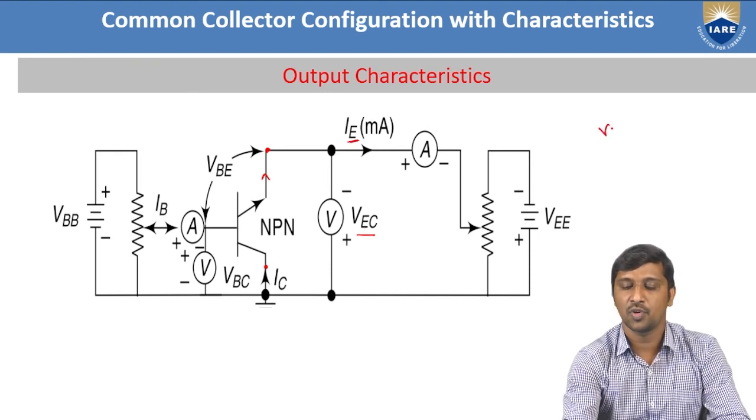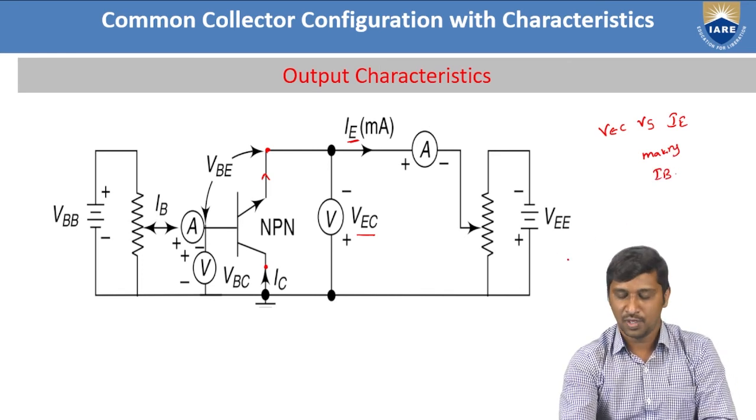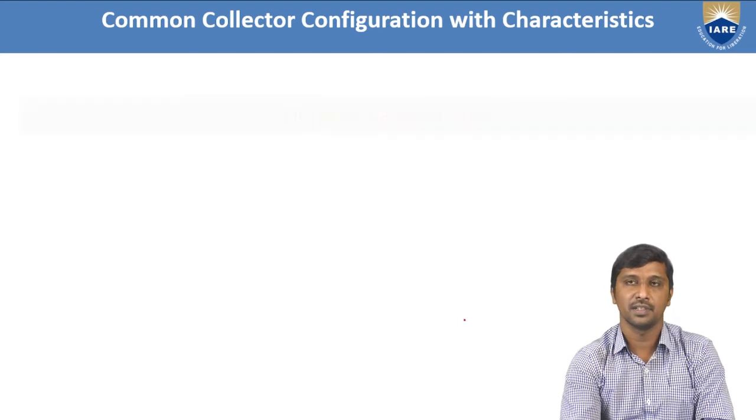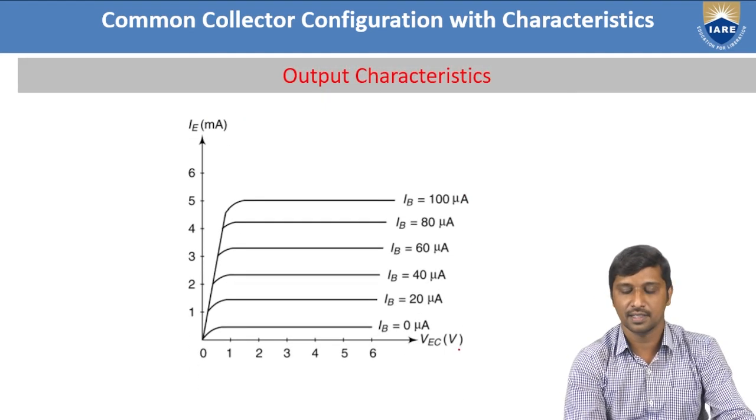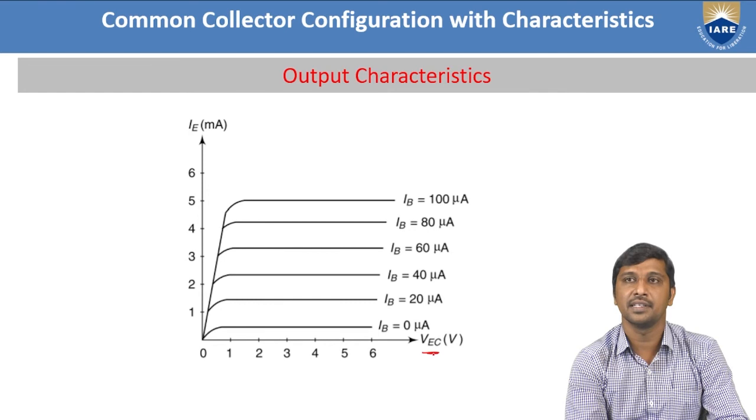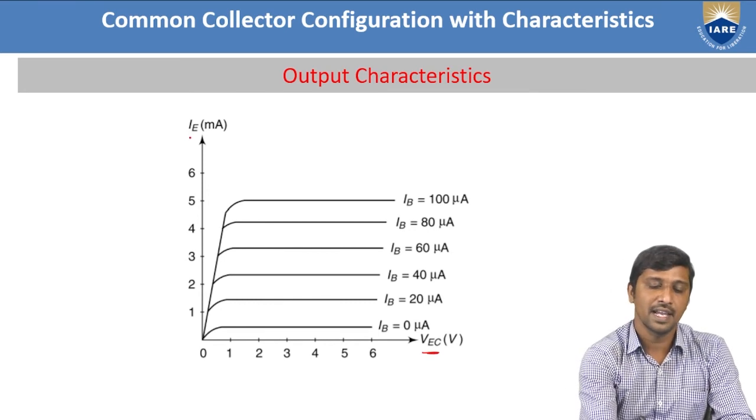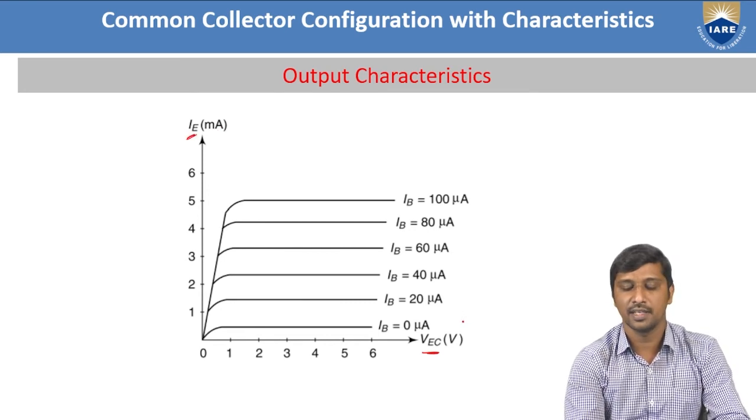Hence, we need to plot the curve between VEC versus IE by keeping the input current constant. The input current means your IB. So with respect to this, here I plot the output characteristics. The X-axis is VEC and the Y-axis is IE, keeping IB constant.